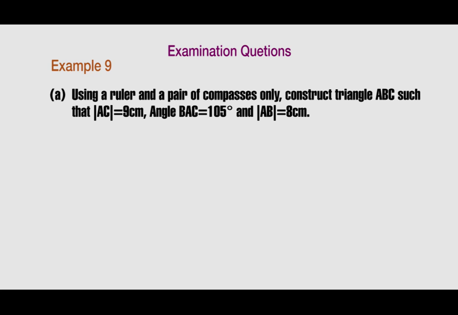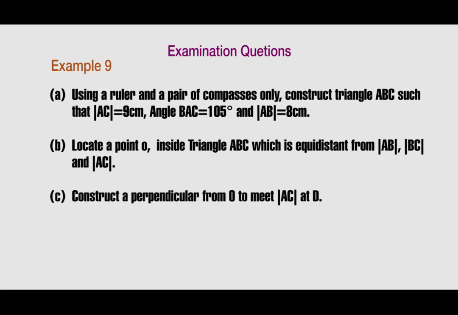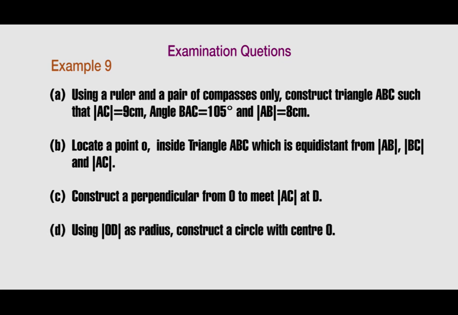That is A. B. Locate a point O inside triangle ABC, which is equidistant from the length AB, the length BC, and the length AC. C. Construct a perpendicular from O to meet the length AC at D.